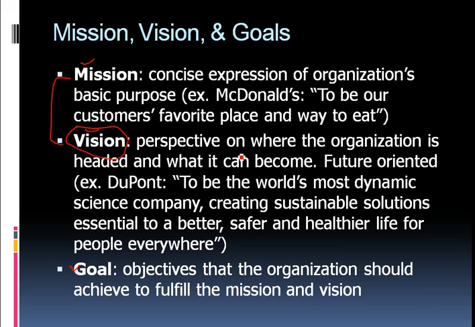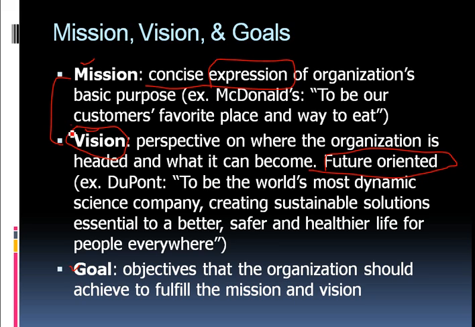It is about the ultimate destination that the organization is heading to. The mission is a more concise expression than the vision.